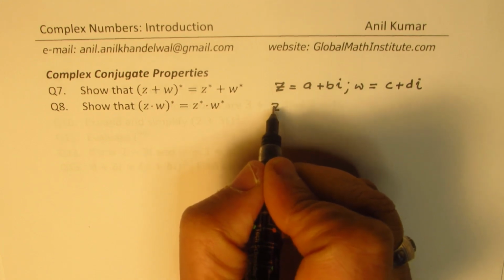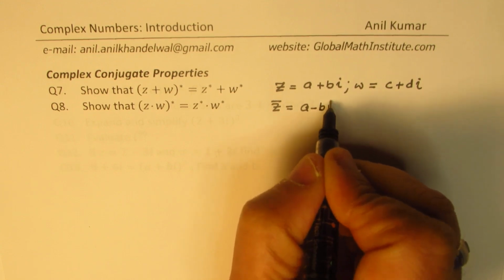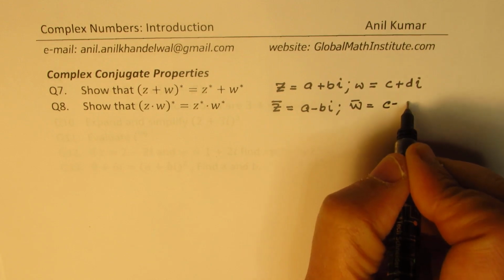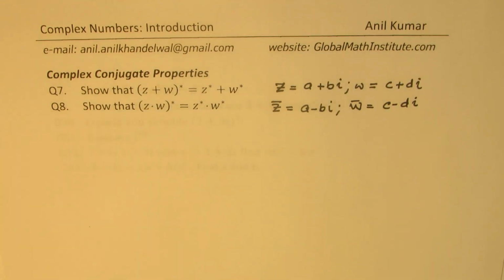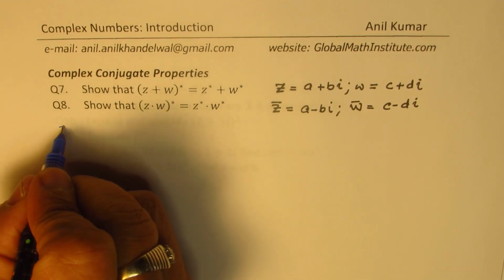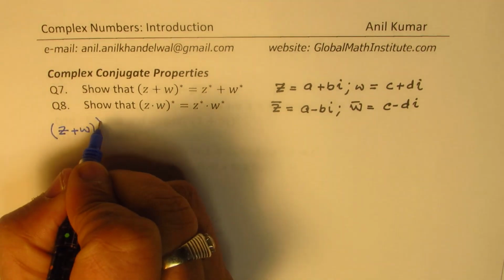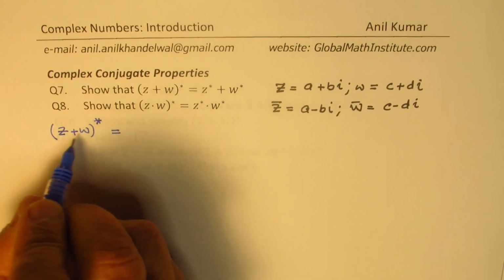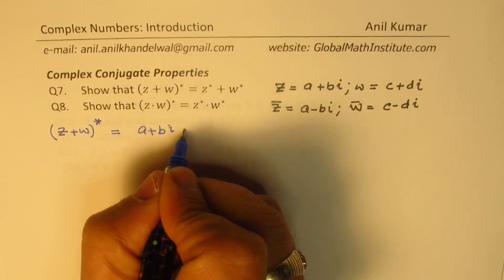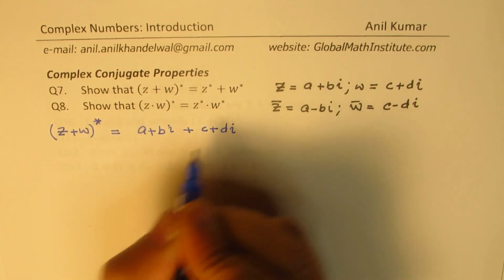The conjugate, which can also be written with a bar on top, of z will be a minus bi, and for w it will be c minus di. So these are the conjugates. Now let's explore the properties. The first one is the conjugate of z plus w. Let's say z is a plus bi and w is c plus di.